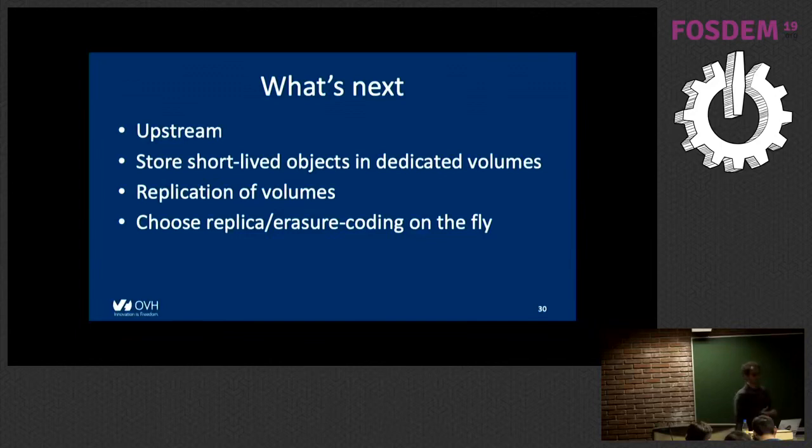Replication of volumes, that may be interesting. Currently, we rely on the existing Swift replication mechanism, so it's per object. In many cases, you will still need to do that, but sometimes if the topology changes, you want to move an entire partition from one machine to another, it would maybe be a good idea to just grab the whole volume and move that and not move several thousand objects individually.